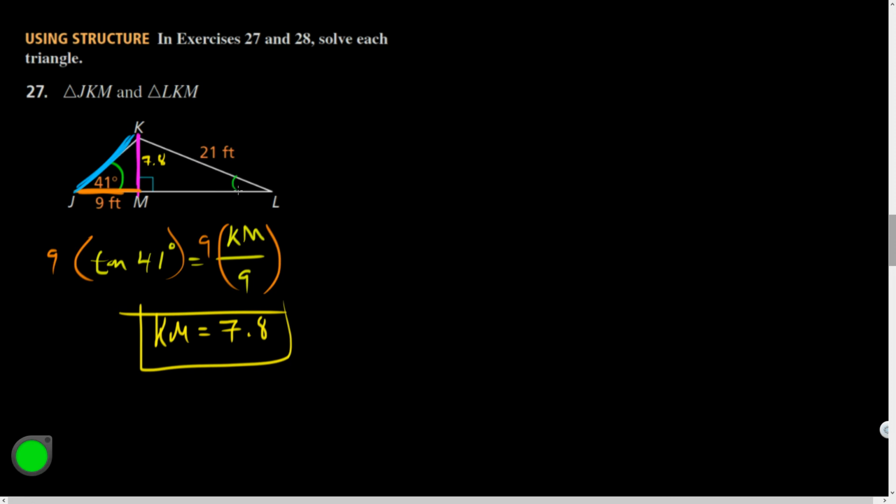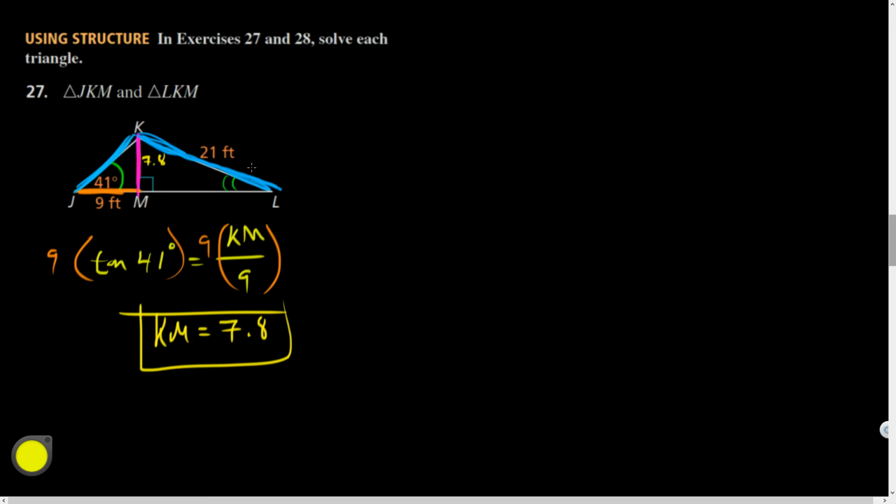Let's find angle L. That's annoying. So guys, let's say I'm trying to find angle L. I just found 7.8, and my rounding error, depending on what I do, is going to get exaggerated throughout the problem.